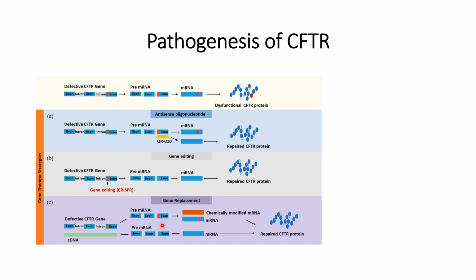Then this corrected pre-mRNA can be formed, that finally is converted into mRNA, and then the correct CFTR protein can be produced.